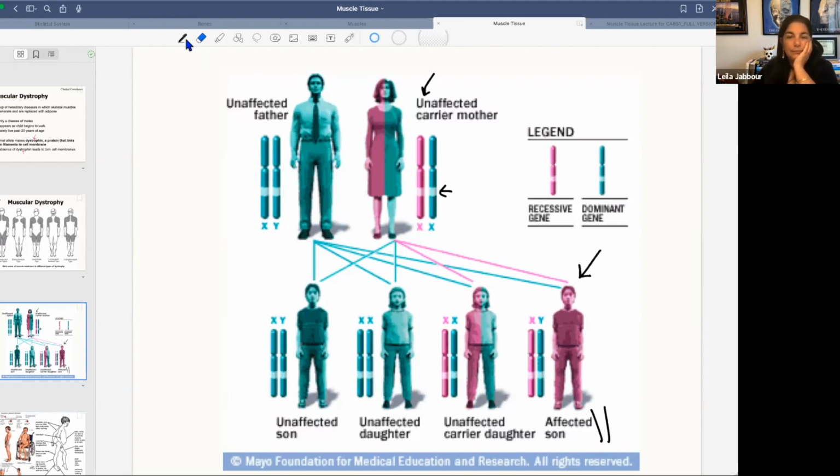So the affected chromosome here is in pink, right? This is the affected chromosome, the dystrophin with a mutation. And I'm just noticing this is a little bit misleading here.